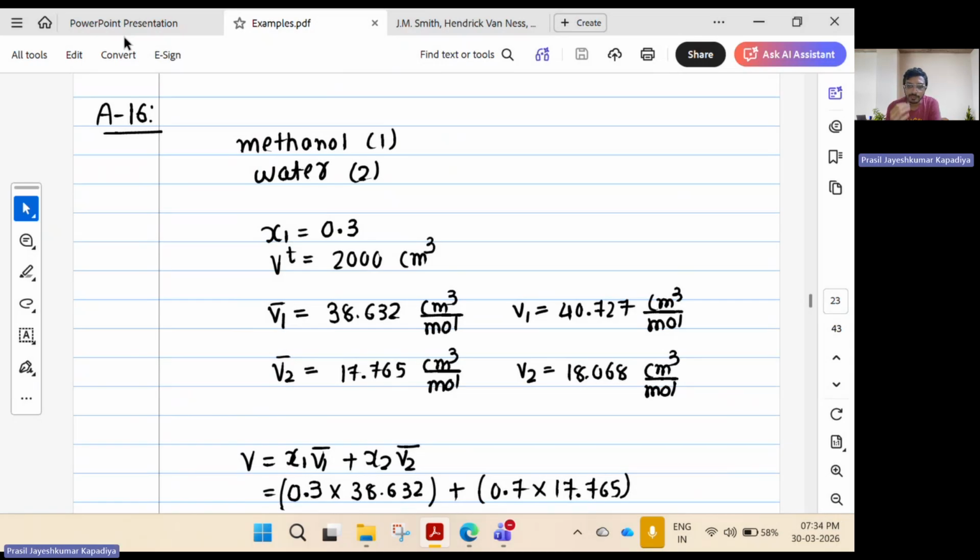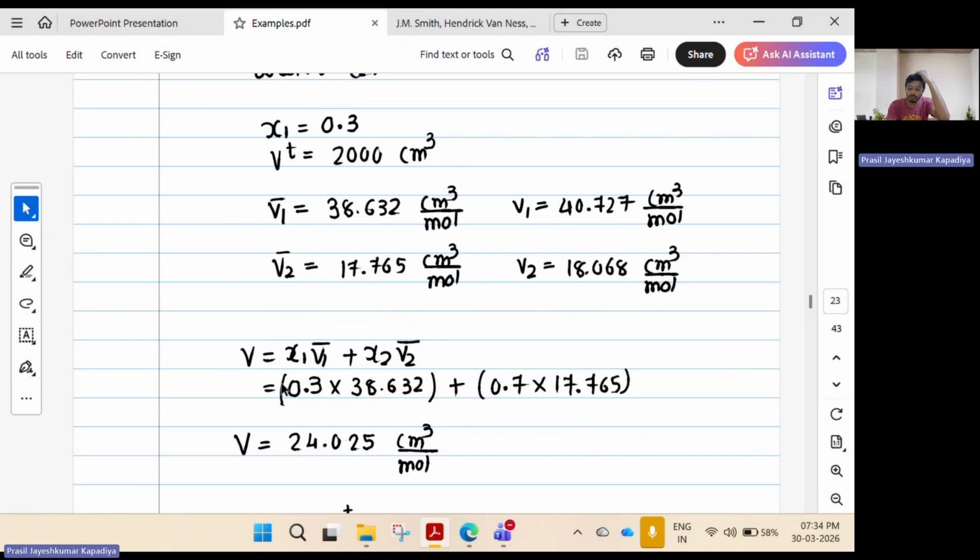Let's try to go through it again. We need to form 2000 centimeter cube of a solution that contains 30 mole percent of methanol. We know at 30% methanol and 70% water the partial molar volumes V1 bar, V2 bar, and the pure volumes V1, V2. From the summation rule we found the volume per mole.